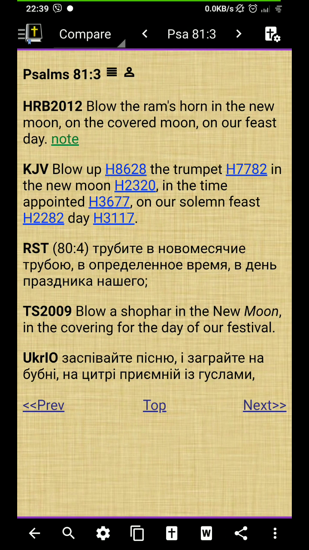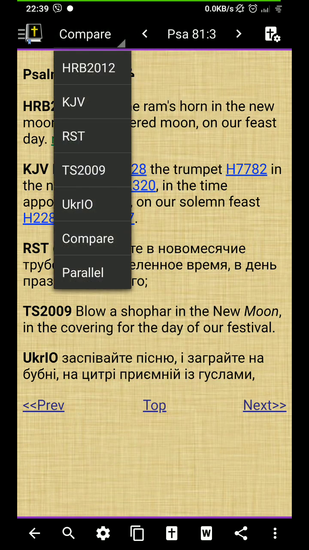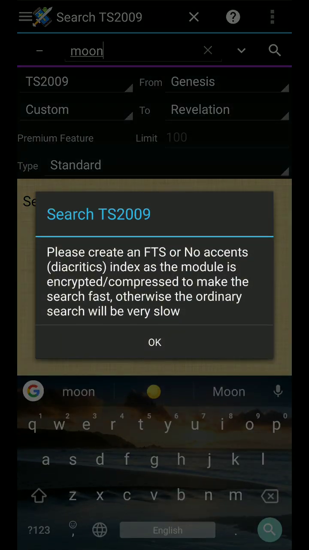is that what we see in the Bible doesn't fit into the Jewish calendar. So let's go to search again.